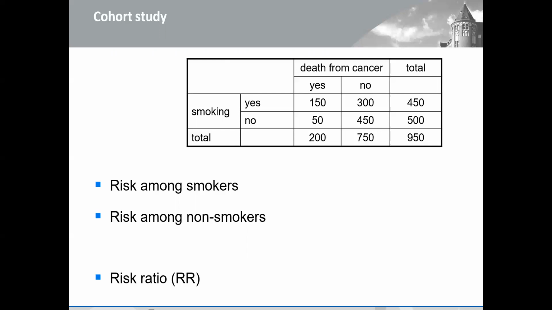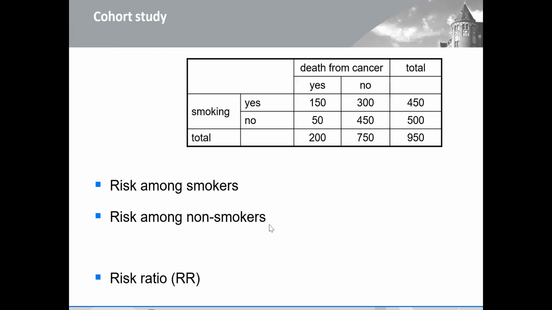So using our formula, what is the difference in risk of dying from lung cancer among those who smoked and those who did not smoke? We need the risk among smokers and the risk among non-smokers, and from there we can calculate the relative risk.